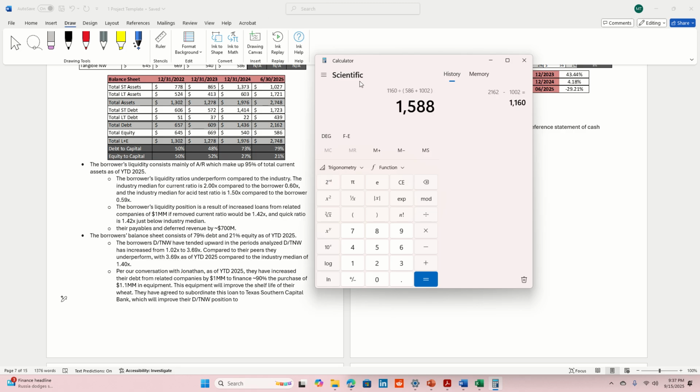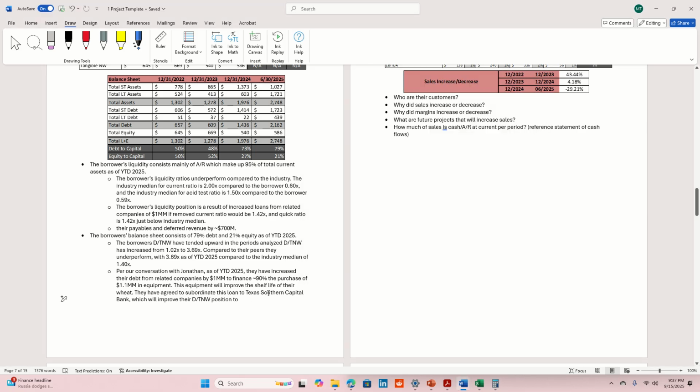So this is our debt minus our subordinated debt, divided by our equity plus our subordinated debt, which equals our new version of debt to tangible net worth, which is 0.73x.